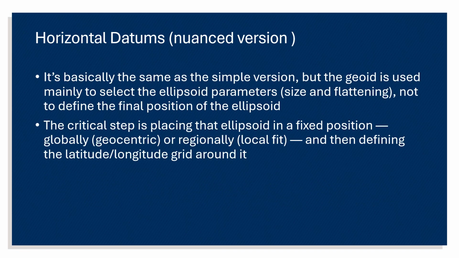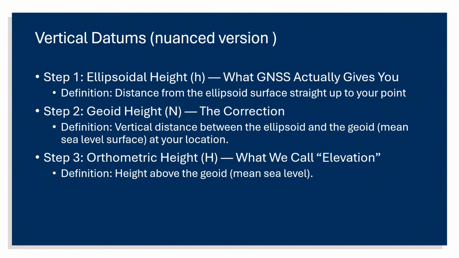Now, horizontal. It's basically the same as the simple version, but the geoid is used mainly to select the ellipsoid, okay? Not to define the final position. The critical step is placing it in that fixed position, either globally or regionally, and defining that grid of longitude and latitude around it. That's the big part.